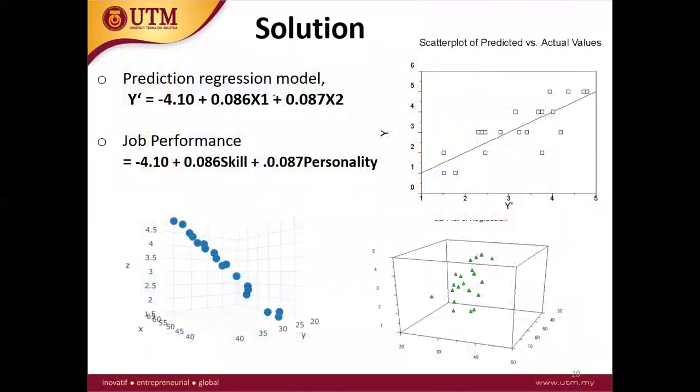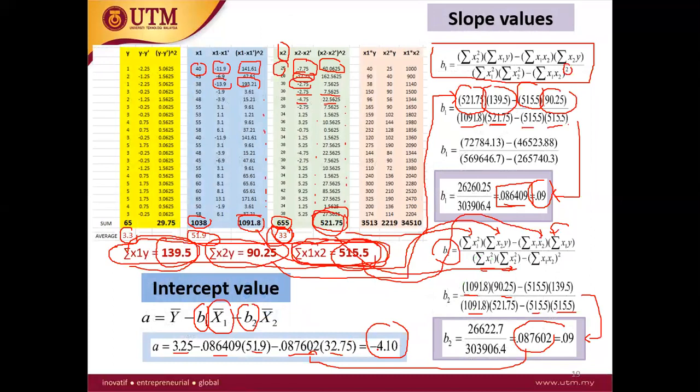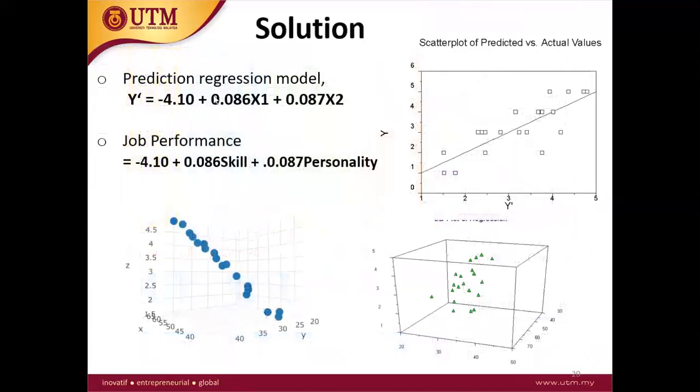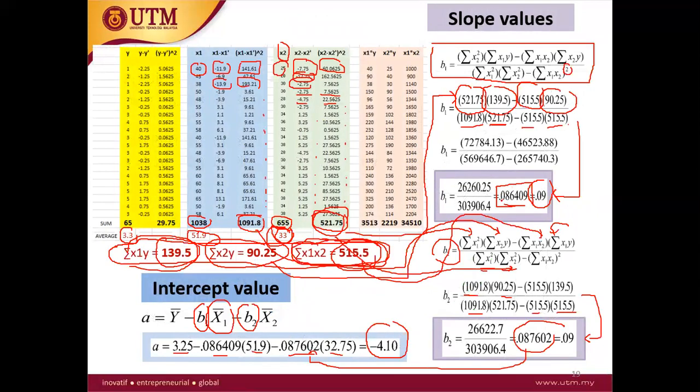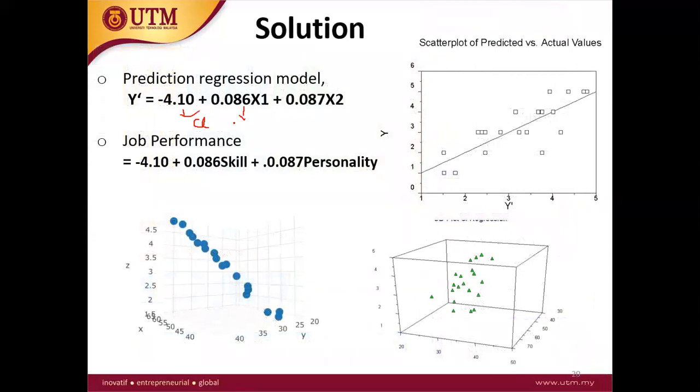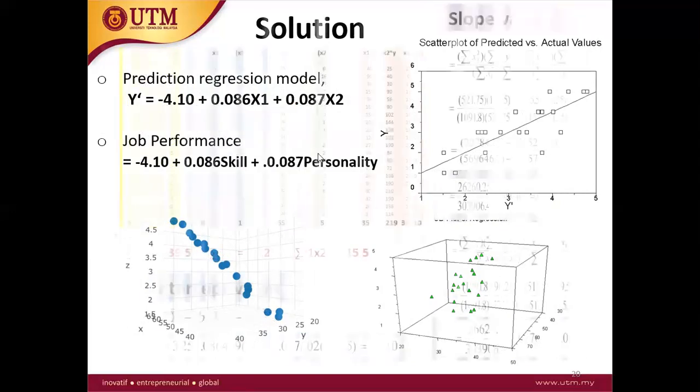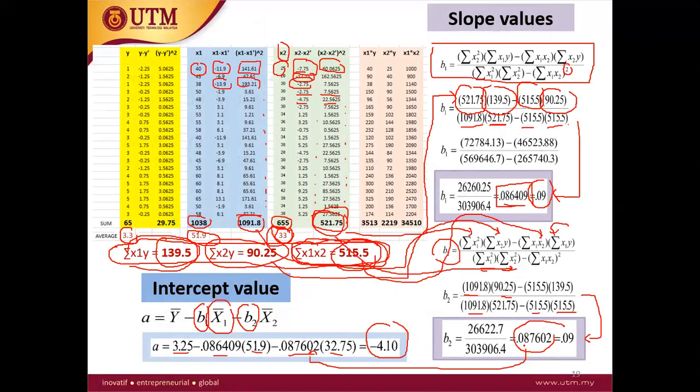Then we already get the A value, negative 4.10, plus B1, 0.086, and plus 0.087 for B2.